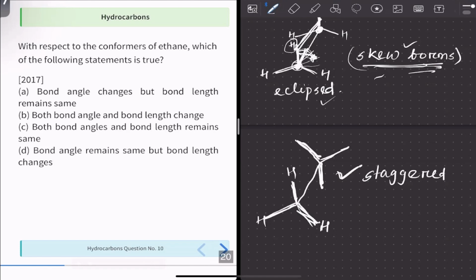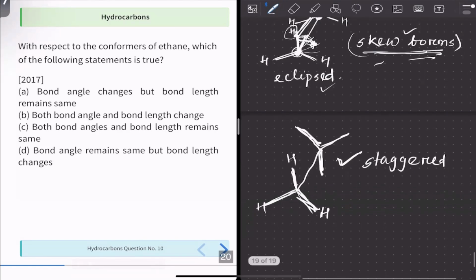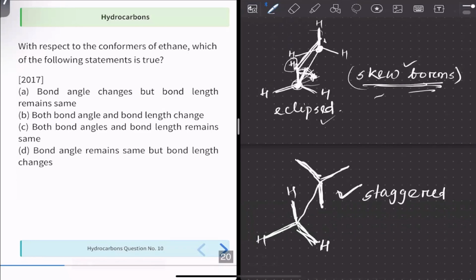You can have an infinite number of conformers at different angles. But these infinite conformers have the same bond length and bond angles. The bond angles and bond length won't change.